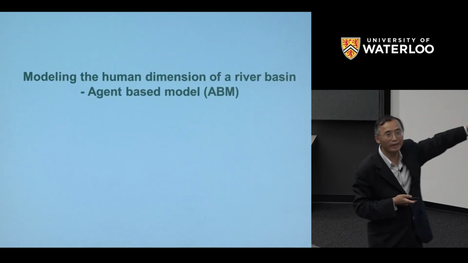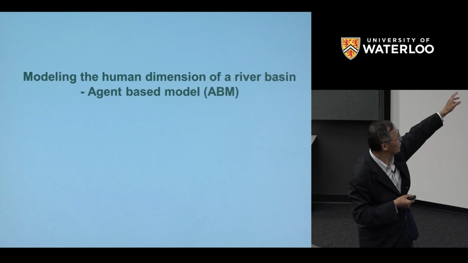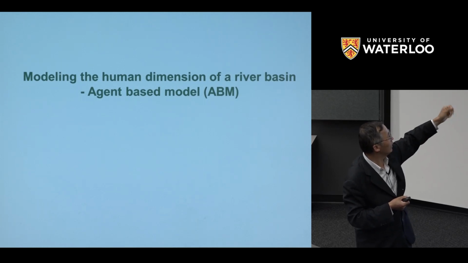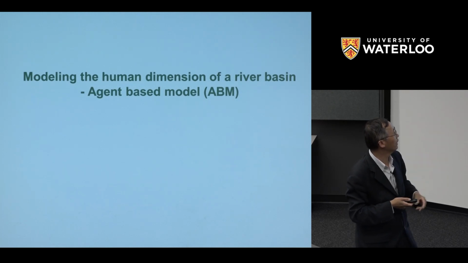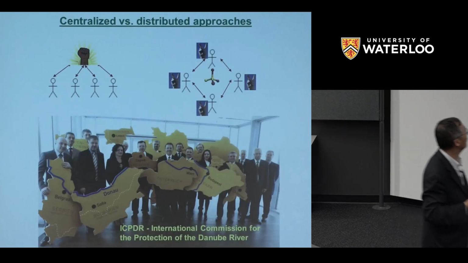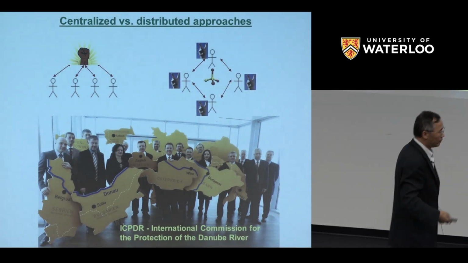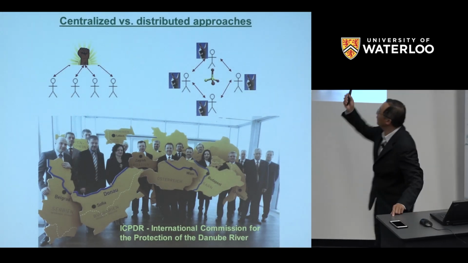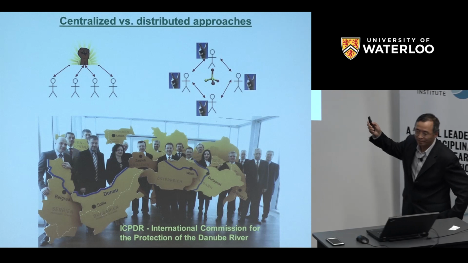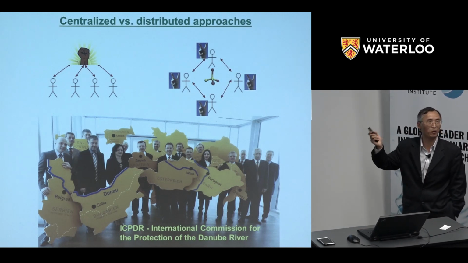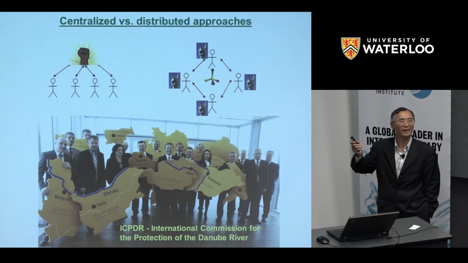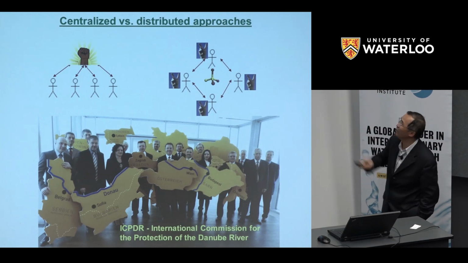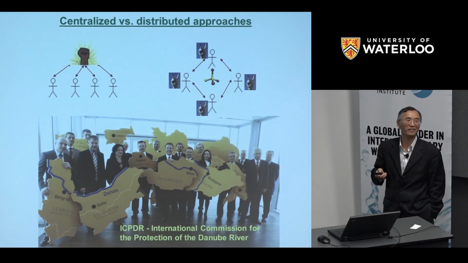So now in the following, I'm going to discuss a little bit about the work in my group on how we could model the human dimension of a river basin using an agent-based model. In this diagram, I want to talk a little bit about the comparison between the centralized model and the distributed model.